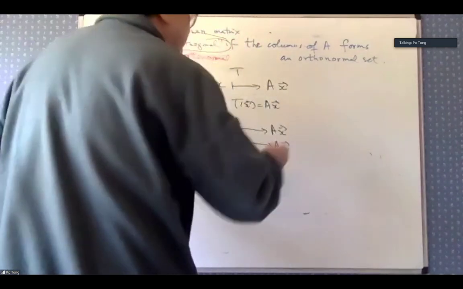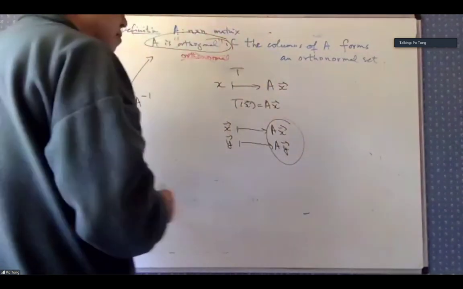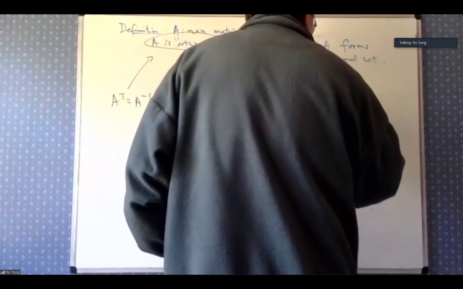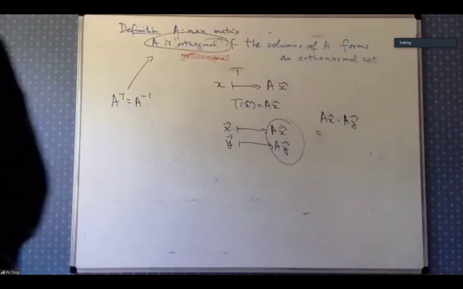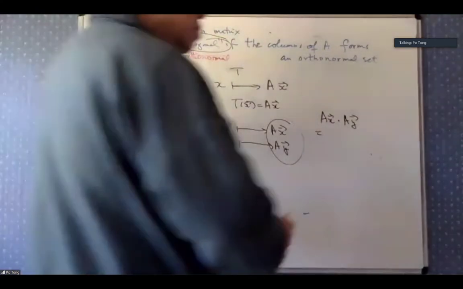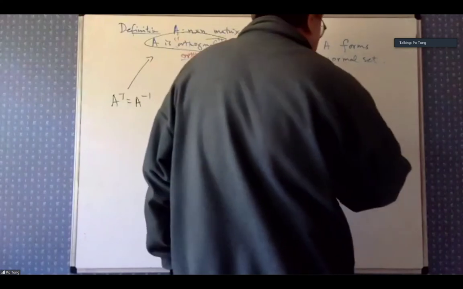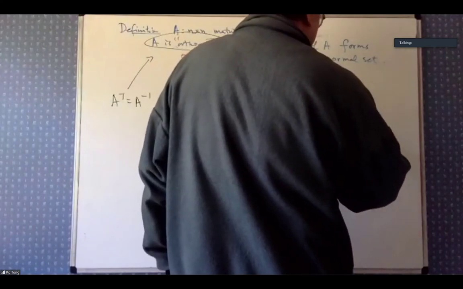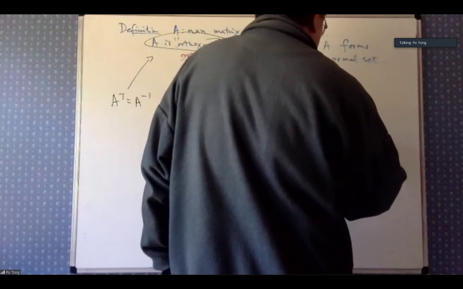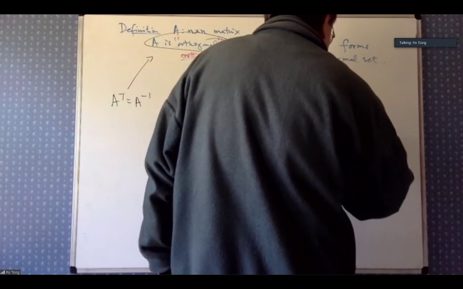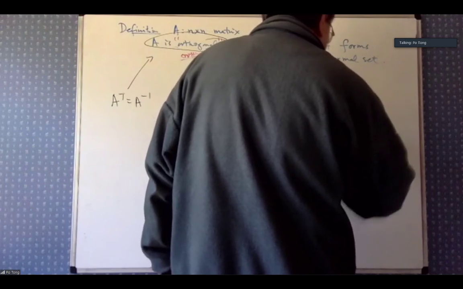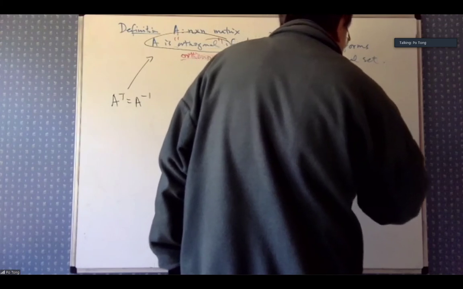Now let's look at the dot product of these two. Ax dot Ay is the same as the transpose of Ax as a vector, times Ay.